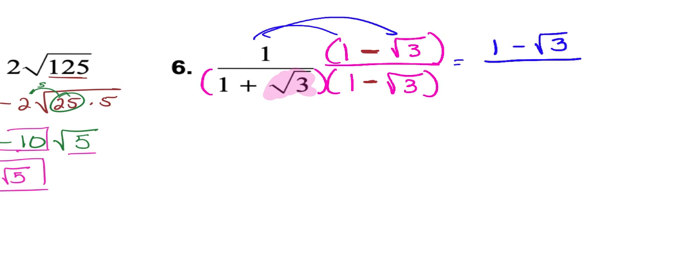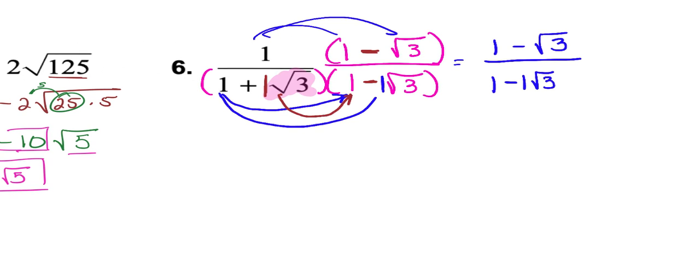In the denominator, this is a big distributing problem. 1 times 1 is 1. 1 times negative 1 root 3 is negative 1 root 3. Root 3 times positive 1 is 1 root 3.